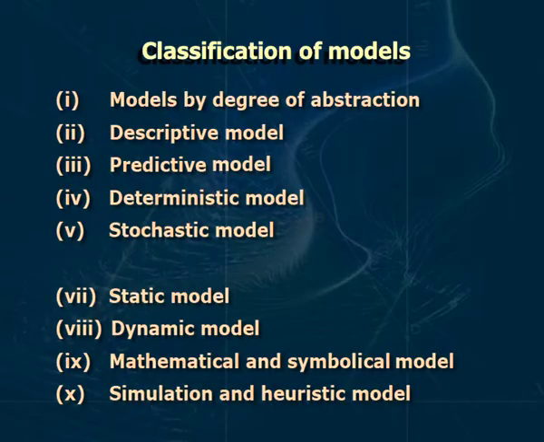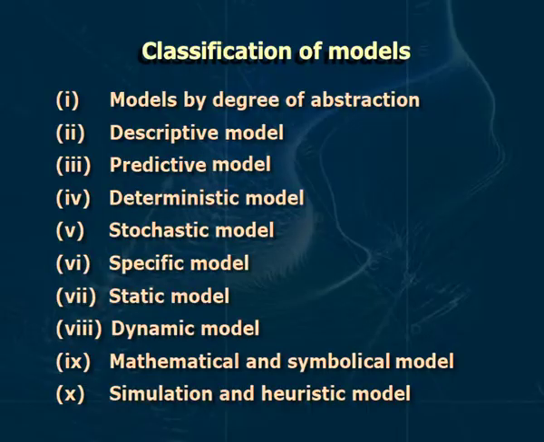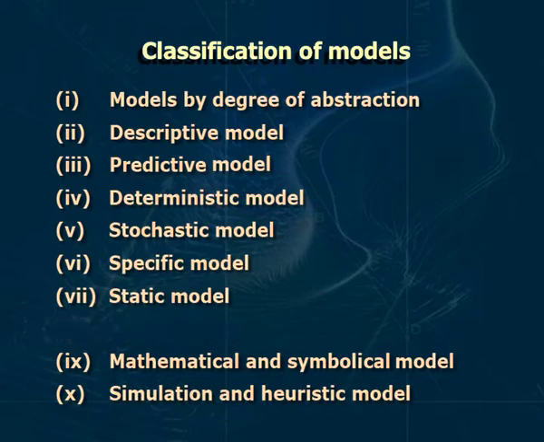Number 6, specific model. A model that presents a system at some specific time is known as a specific model. Number 7, static model. If the time factor is not considered in the model, it is called a static model. 8, dynamic model. When time is considered as one of the important variables and admits the impact of changes generated by time.